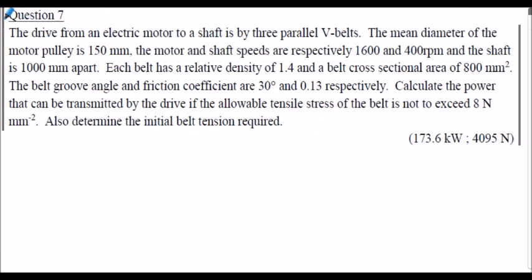I will leave you with question 7 to review at your own pace. We have to calculate the power that can be transmitted by the belt drive, given the parameters above, and also determine the initial belt tension required. Answers shown in the bracket.